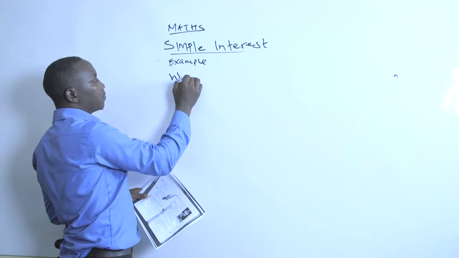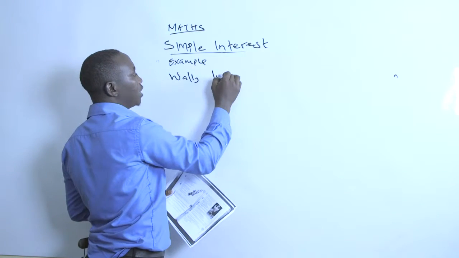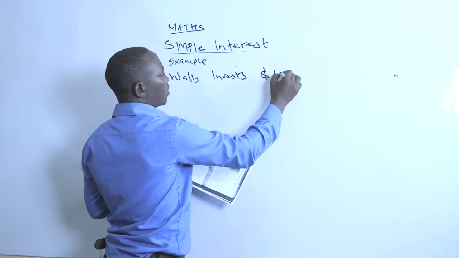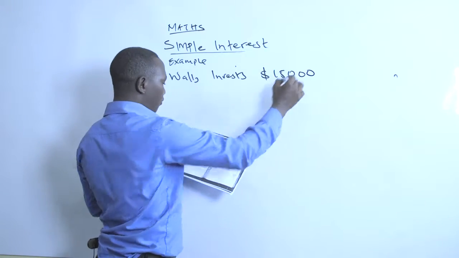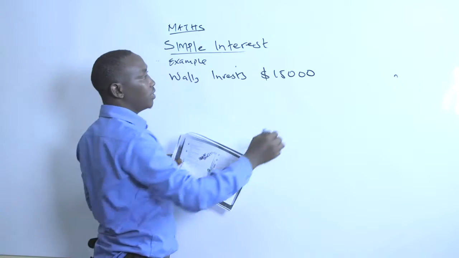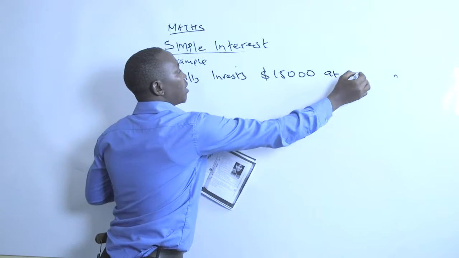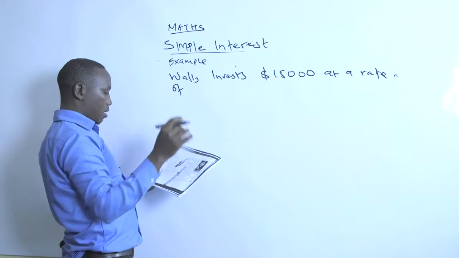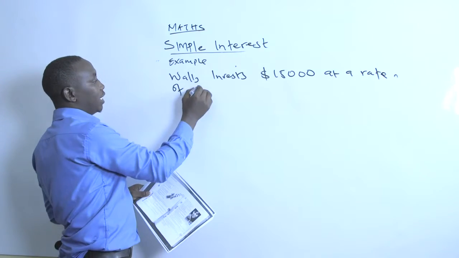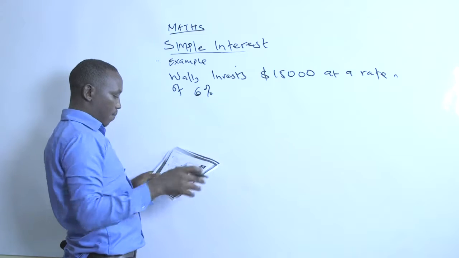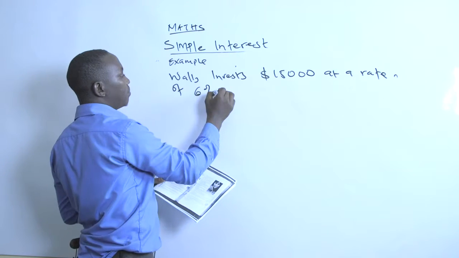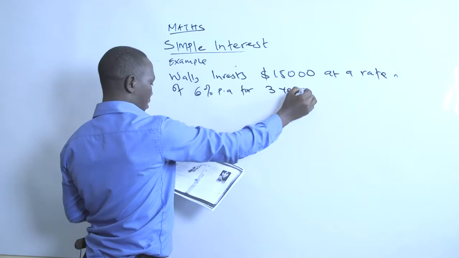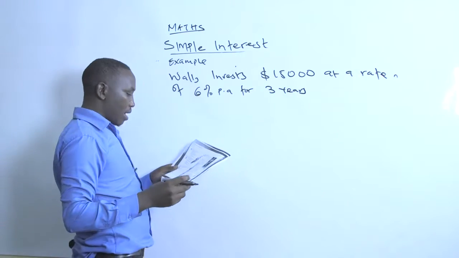Another example: Wally invests $15,000 at a rate of 6% per annum for 3 years.